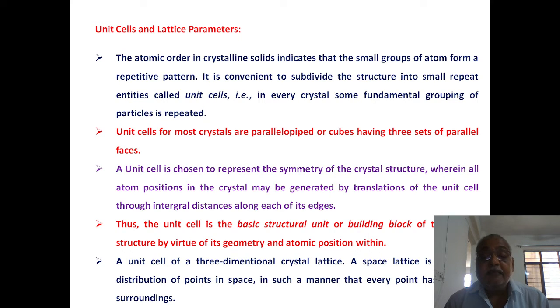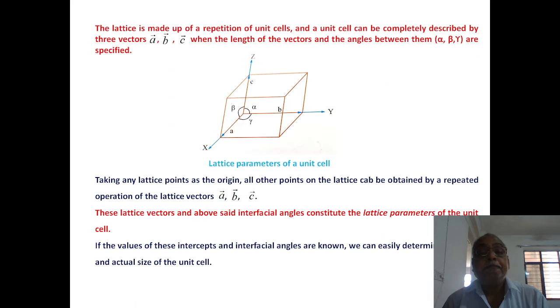The unit cell is the basic structural unit or building block of the crystal structure by virtue of its geometry and atomic positions within. A space lattice is a regular distribution of points in space in such a manner that every point has identical surroundings. The lattice is made up of a repetitive unit, the unit cell.